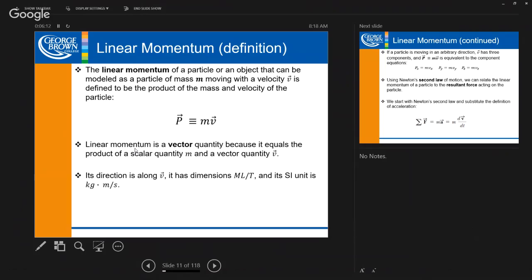So we have a direction and magnitude, and the unit is kilogram meters per second, because it's mass in kilograms and velocity in meters per second, not meters squared. It's too early today. So P, momentum, is equal to mv.